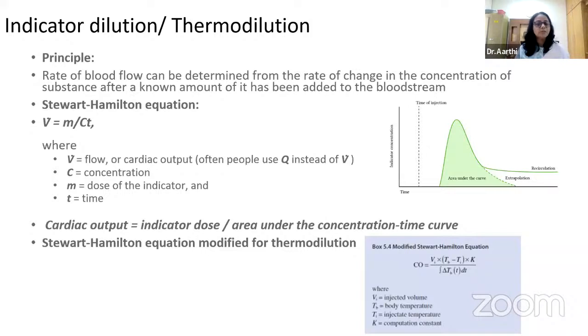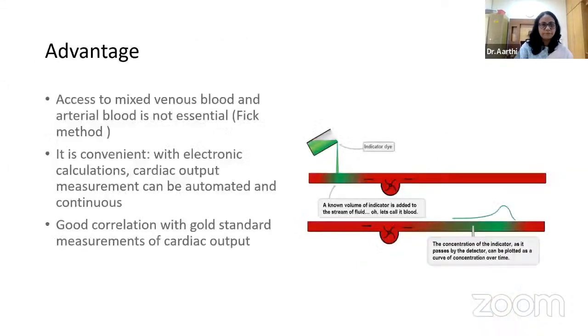And Stewart Hamilton modified this indicator dilution technique with a formula which includes a computational constant or injected temperature change to assess the cardiac output with respect to the thermodilution technique. Moreover, it's almost a similar formula which is slightly modified in thermodilution measurement.